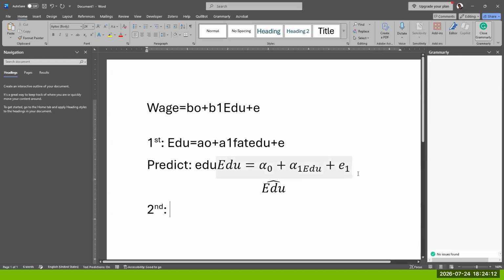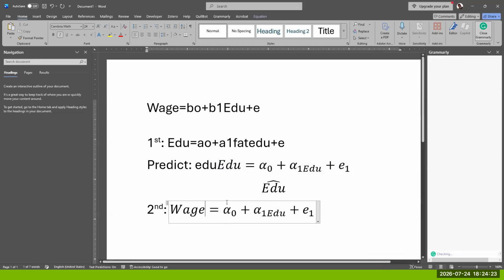That second stage will have your main model, where you've got wage. Let's make this one beta.